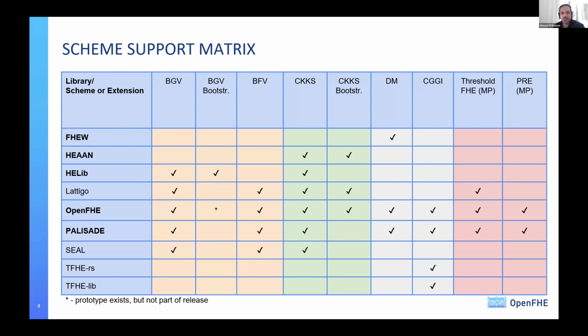So in OpenFHE, we have implementations for BGV, BFV, CKKS with bootstrapping, DM or FHEW, CGGI or TFHE, and also threshold FHE, the multi-party case I talked about, and proxy re-encryption. A note related to BGV bootstrapping: by the way, BGV and BFV bootstrapping are almost the same. We do have a prototype that exists, but it's still not part of the release.